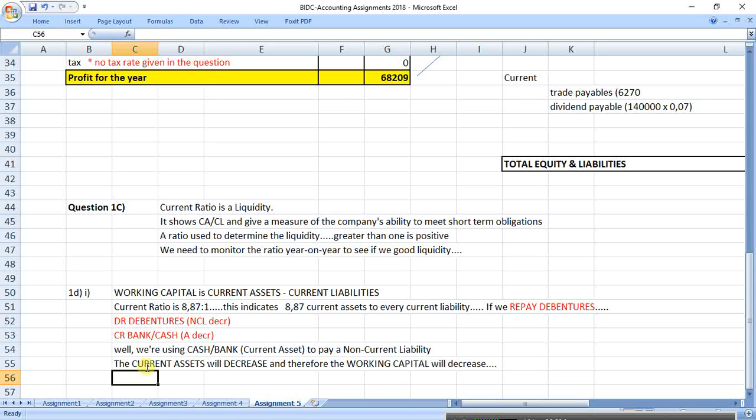Yes, okay, because you're obviously using the cash to pay off the debt. Okay, the debenture. It'll decrease current assets, therefore it'll decrease working capital. Okay, because of what we said there, debit credits.